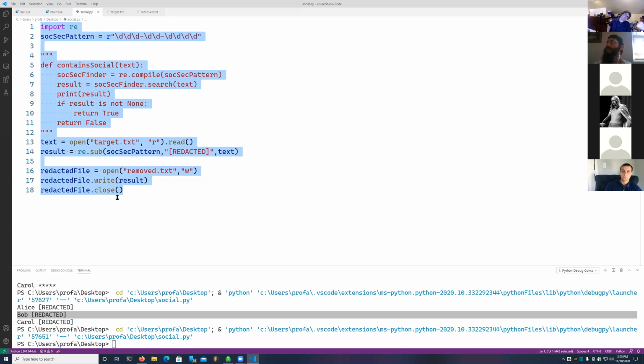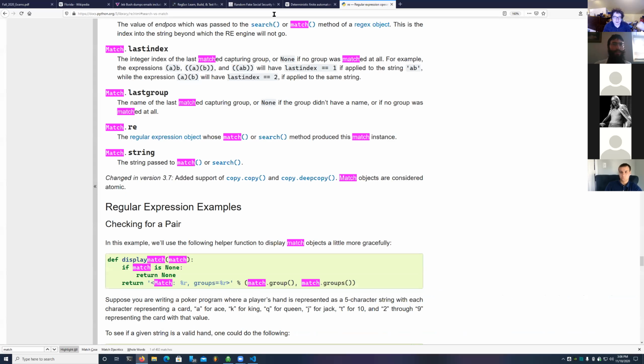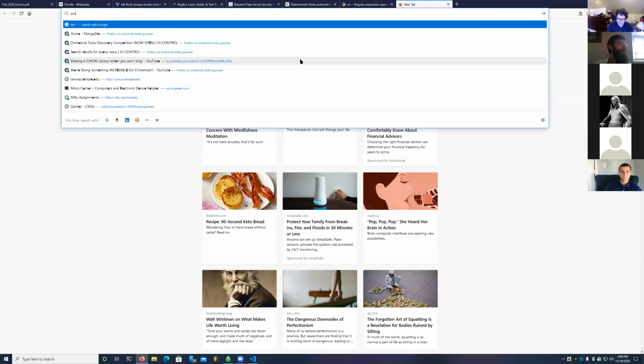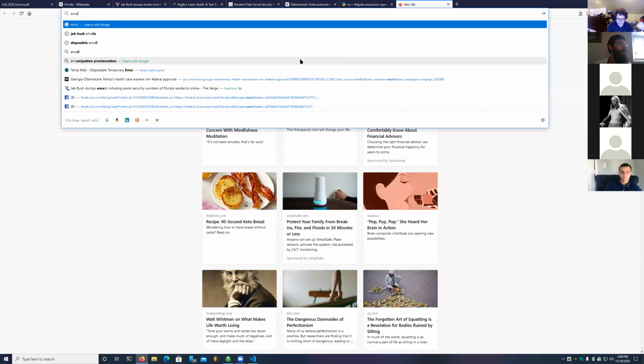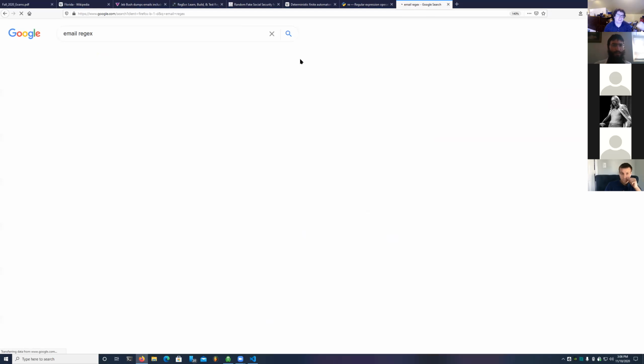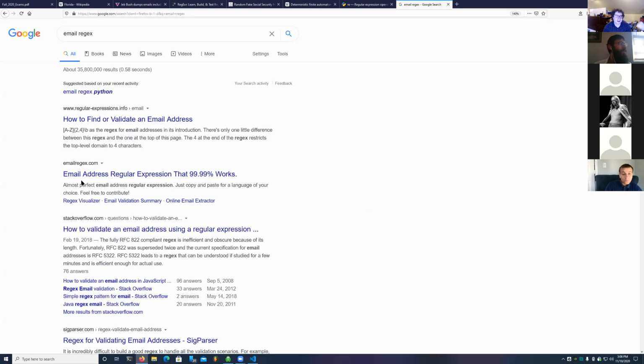Actually, redacting emails is probably easier if you want to over-redact. Emails are actually really hard and really complicated. So here is a validated email regex. Here we go, emailregex.com. Email address regular expression that 99.99% works. You should never do something like this.